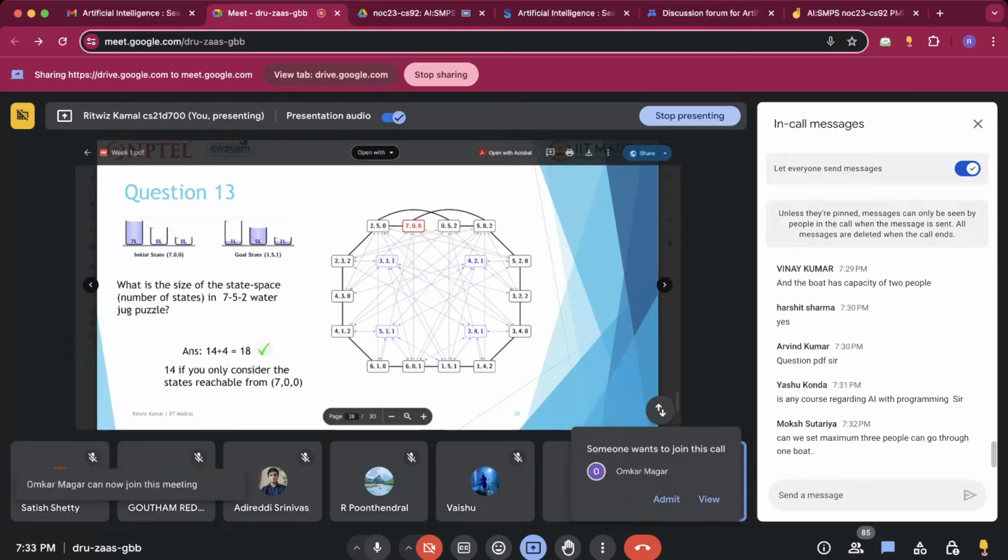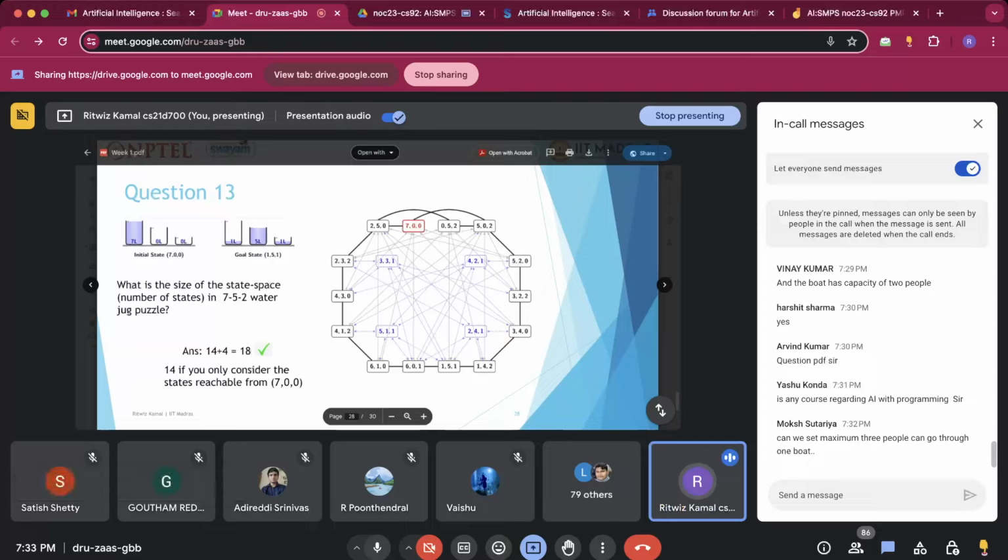Another question: is there any course regarding AI with programming? There must be, Yashu. Unfortunately, I'm not aware of it, but you can explore the list of courses on Swayam and see if there is anything that fits your requirements. Another question is, can we set a maximum of 3 people to go on one boat?